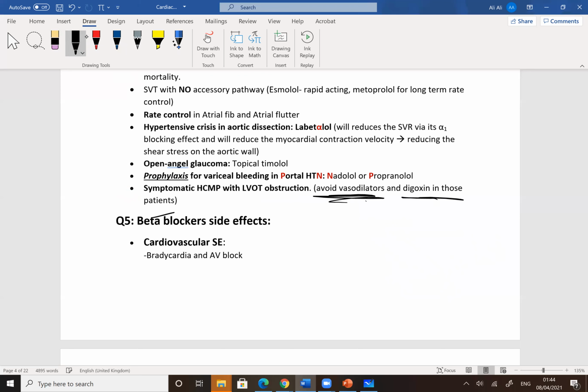Why must you avoid vasodilators? Guys, if this is the heart, what do vasodilators do? They reduce the preload. What is the preload?